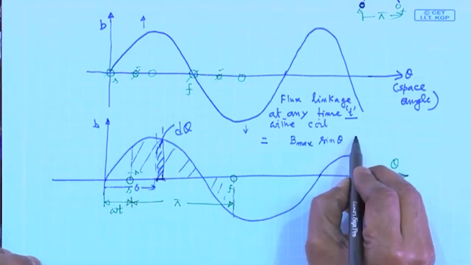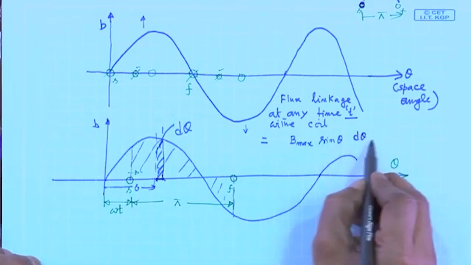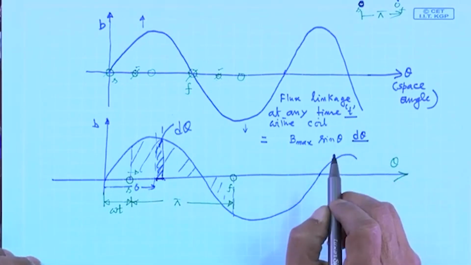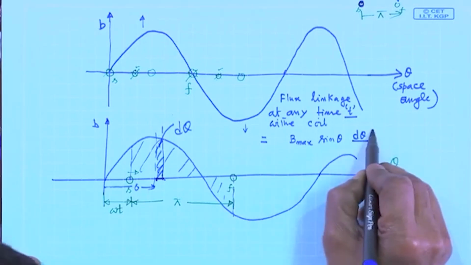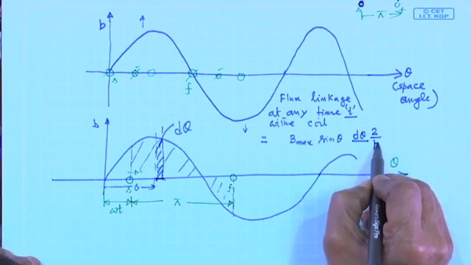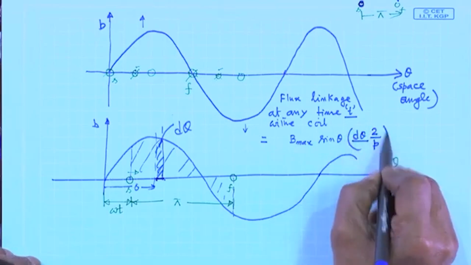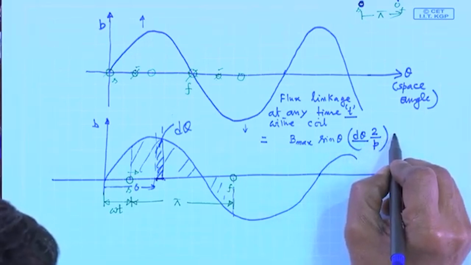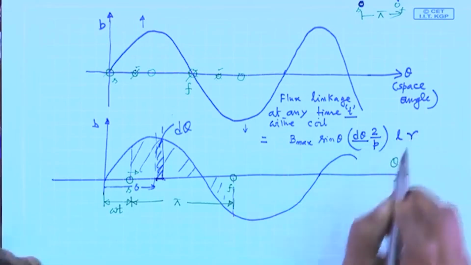So, B max sin theta d theta, but d theta is electrical and the area is mechanical, so d theta into 2 by P. D theta is electrical, mechanical will be less, and into the length of the machine into radius.